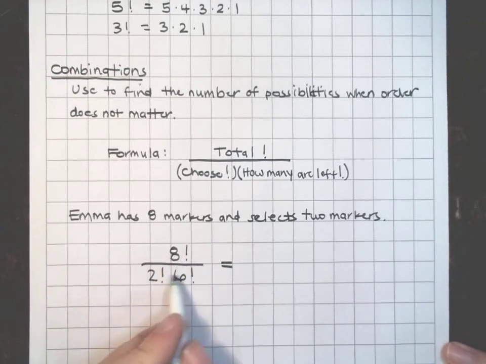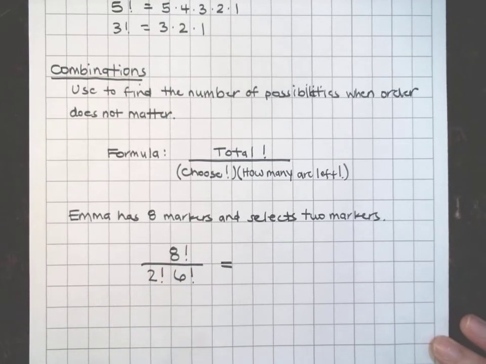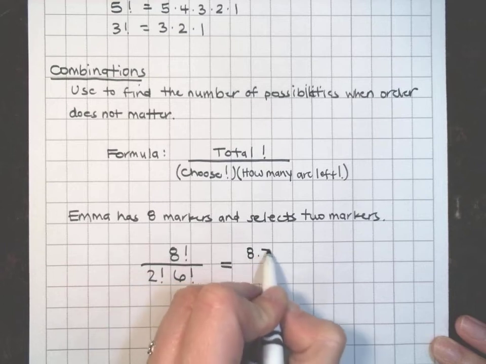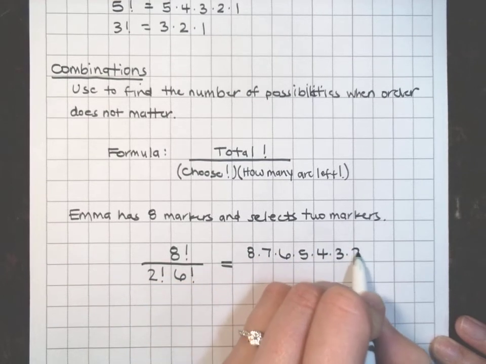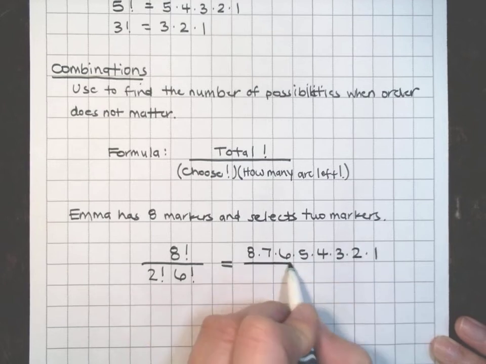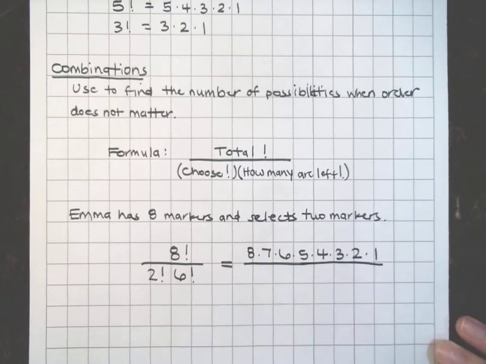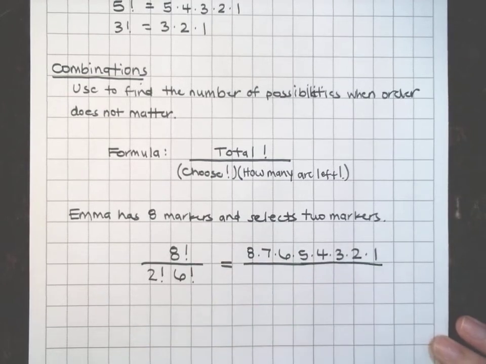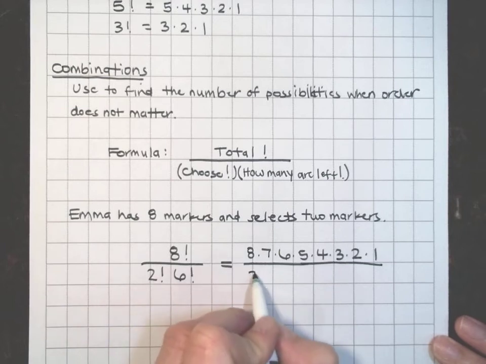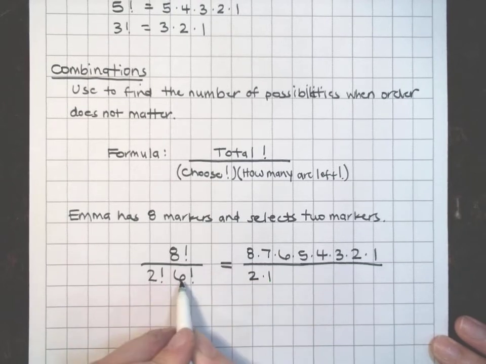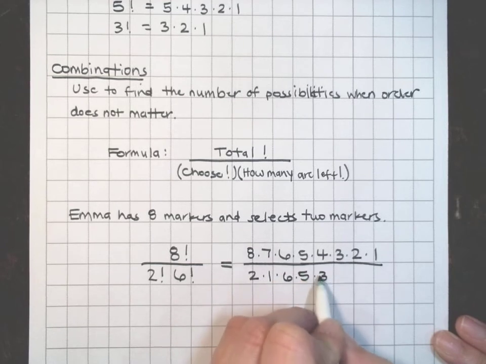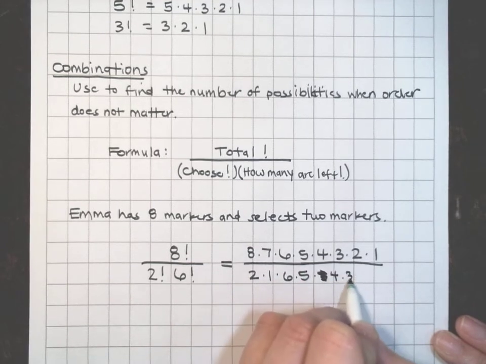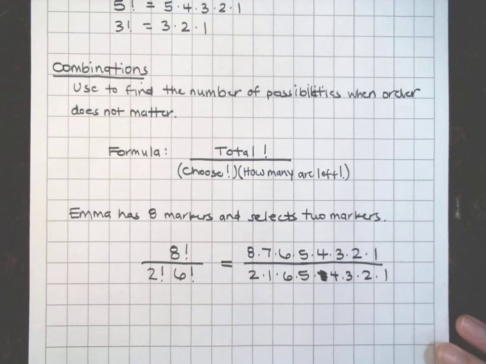And then we are just going to expand and simplify. So 8 factorial, 8 times 7 times 6 times 5 times 4 times 3 times 2 times 1, divided by 2 times 1, that's 2 factorial, times 6 factorial, so 6, 5, 4, 3, 2, 1.